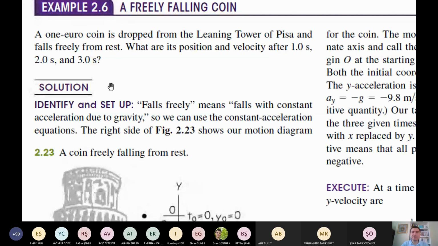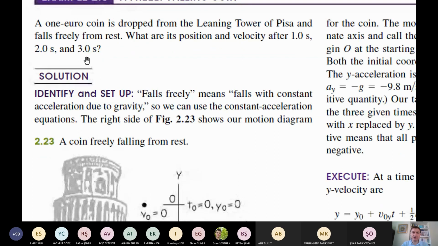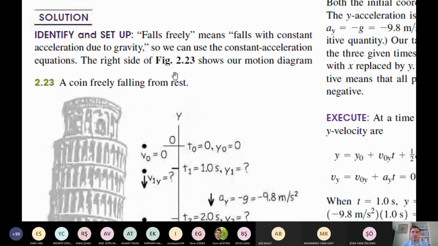What are its position and velocity after 1 second, after 2 seconds, after 3 seconds? Free fall, or falls freely, means falls with constant acceleration due to gravity. So we can use the constant acceleration equations, which I have shown you in the previous transparency.